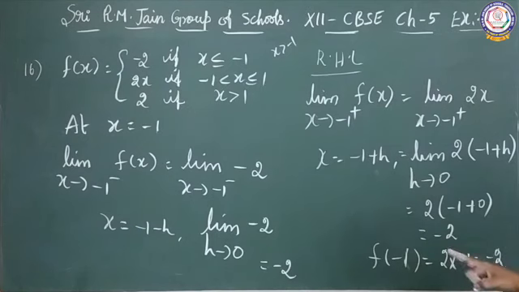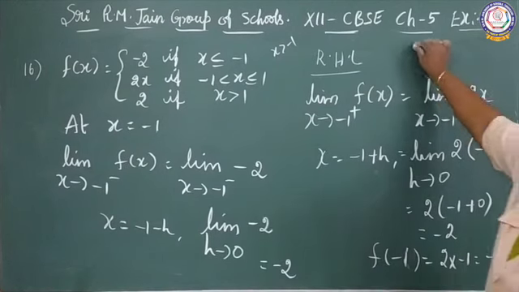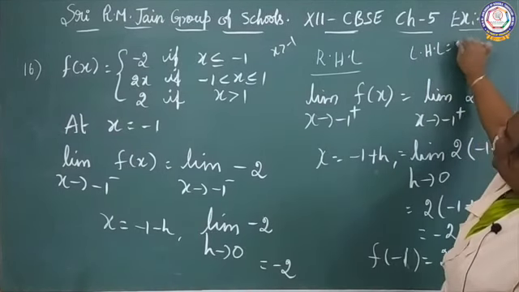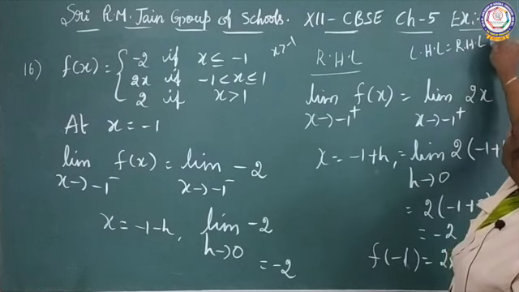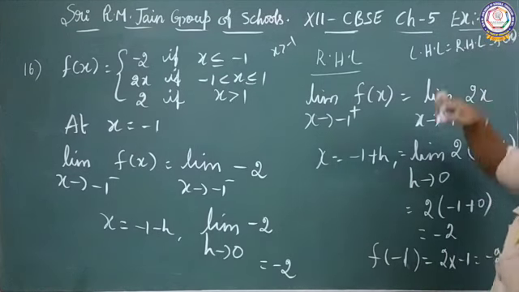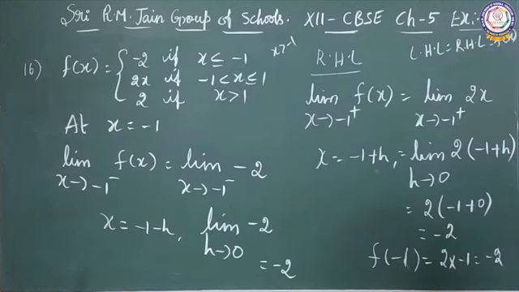So left hand limit, right hand limit and f of x, all the values are equal. Therefore, f of x is continuous at x equal to minus 1.